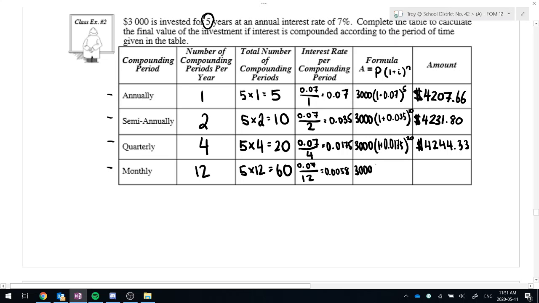So it's going to be 3,000 times 1 plus 0.0058 to the power of 60. All right, so that's going to be 1.0058 in the brackets, raised to the power of 60, and then times 3,000.